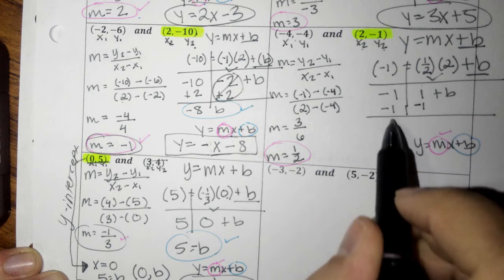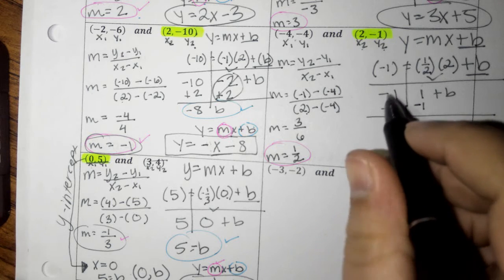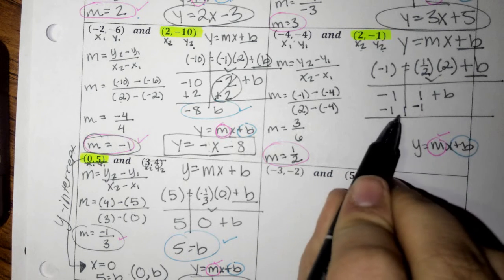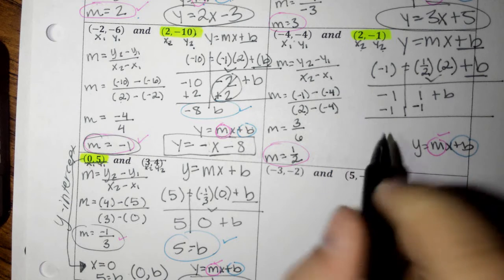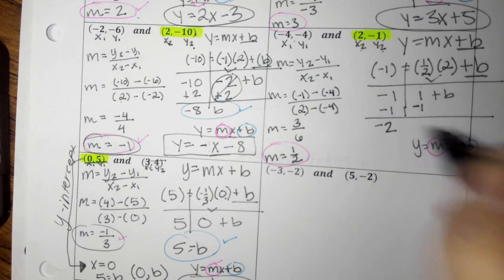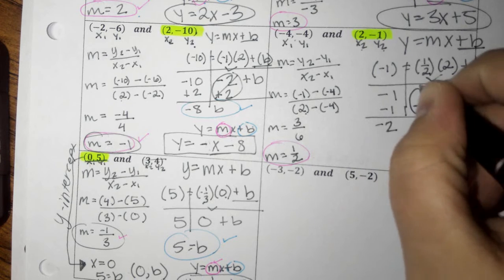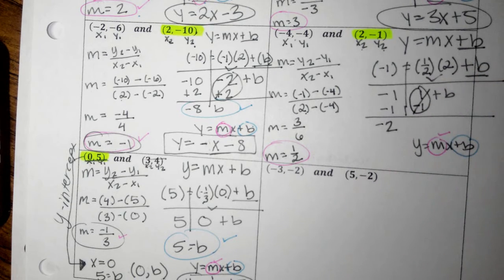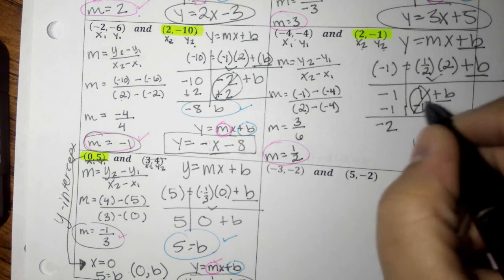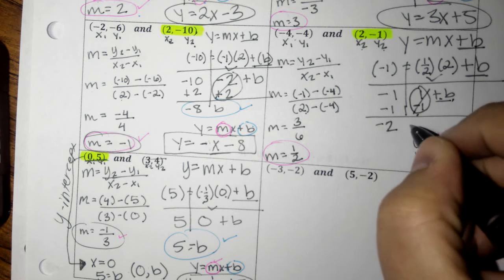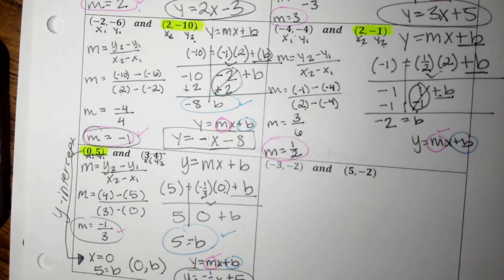On the left, negative 1 minus 1 is negative 2. On the right, I have 1 minus 1, which makes a 0 pair. And we're left with 0 plus b, which is just b.